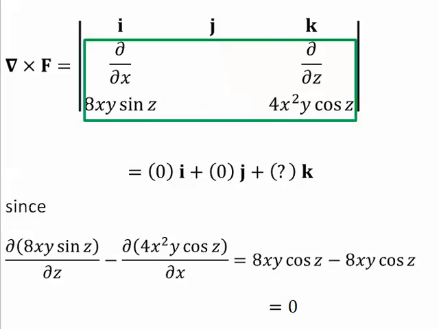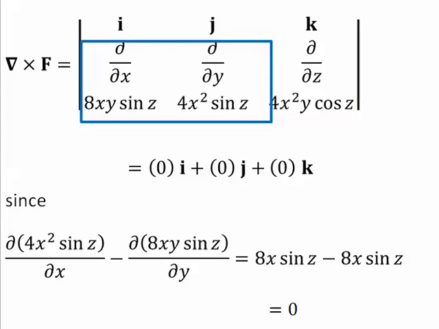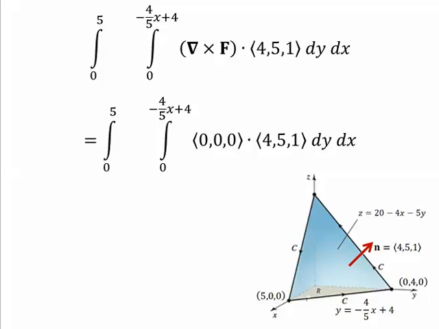The second component of the curl is also 0. And the third component of the curl is 0. So our dot product in that case is going to be 0, and we're doing a double integral where our integrand is 0, and so of course the integral is equal to 0. All right, so we are done with the problem.